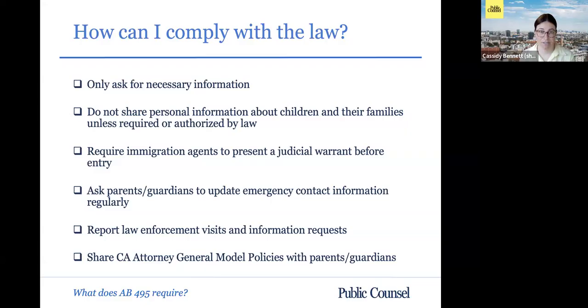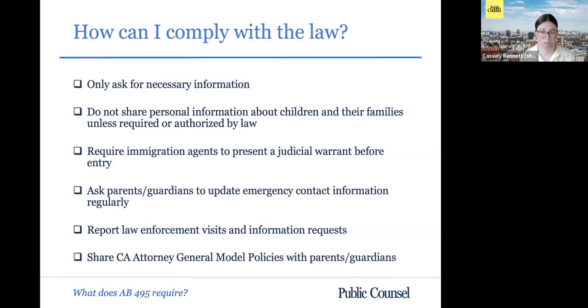Only ask for necessary information. Do not share personal information about children and their families unless required or authorized by law. Require immigration agents to present a judicial warrant before entry into your business. Ask parents or guardians to update their emergency contact information regularly.